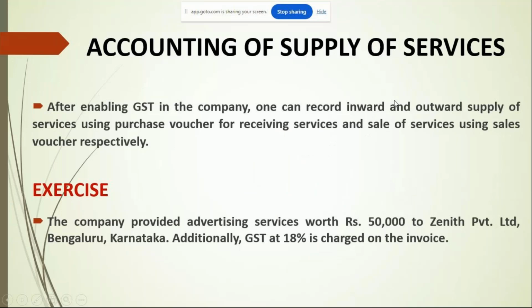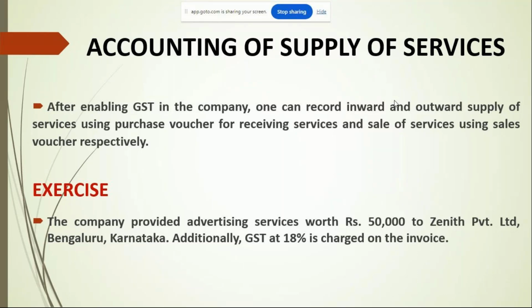So far, we have discussed the purchase and sale of goods only. So now we are going to discuss services. Now, after enabling GST in the company, one can record the inward and the outward supply of services using purchase voucher for receiving services and sale of services using the sales voucher respectively.